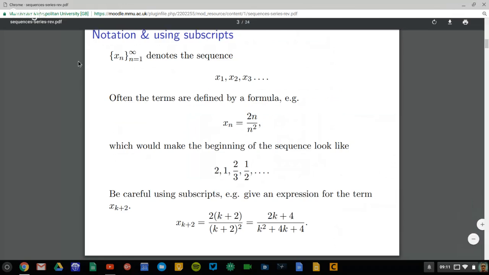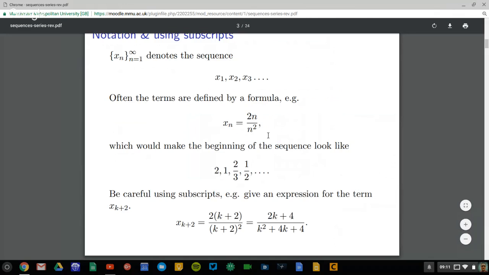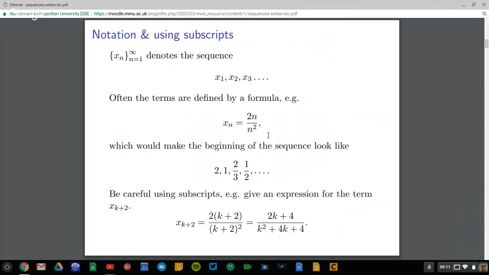Oftentimes we have our sequences defined by a nice formula in terms of the indexing subscript, x_n given by some formula. And you should be fairly confident in handling variations on the index position.